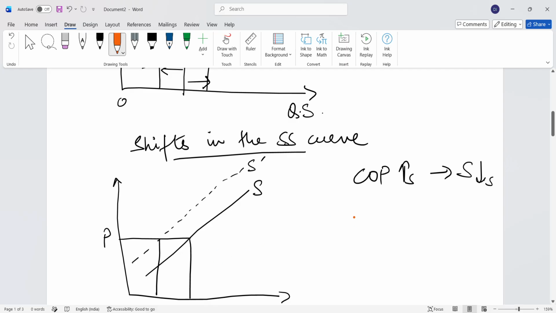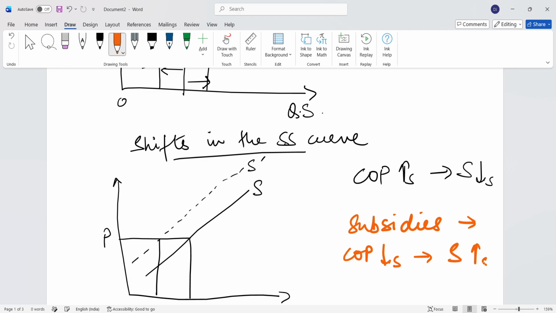However, if the government has given subsidies that have decreased the cost of production for the producers, and so the producers increase the supply, the price is constant. Just remember that: any shift in the supply curve happens when the price is constant.